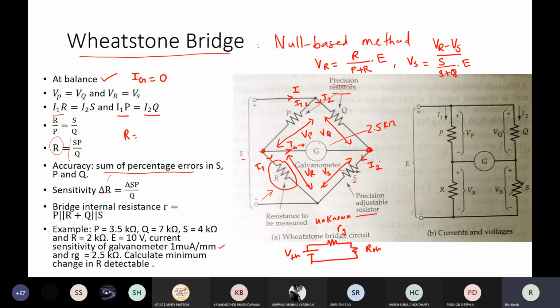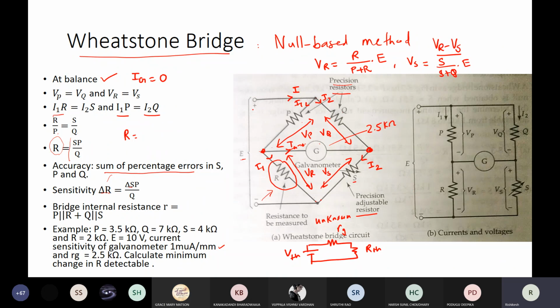Now, what is the Thevenin equivalent resistance? You short the voltage source and take the equivalent resistance across the galvanometer.